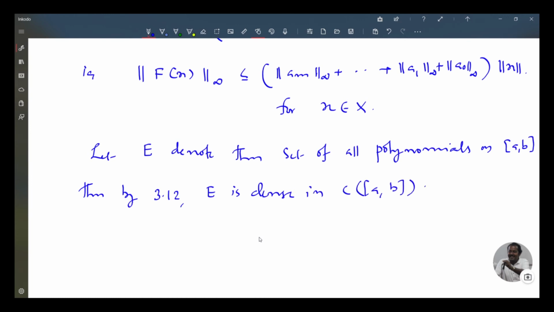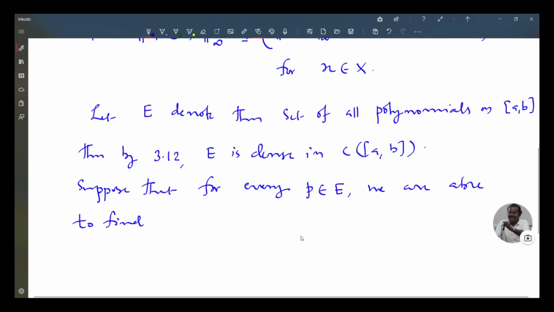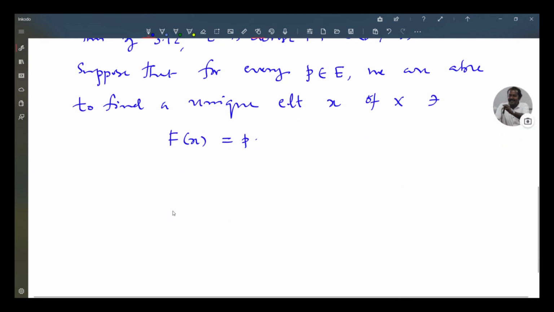Suppose that for every P in E we are able to find a unique element x of X such that f(x) equals P. For convenience, we let a equal to 0, b equal to 1.